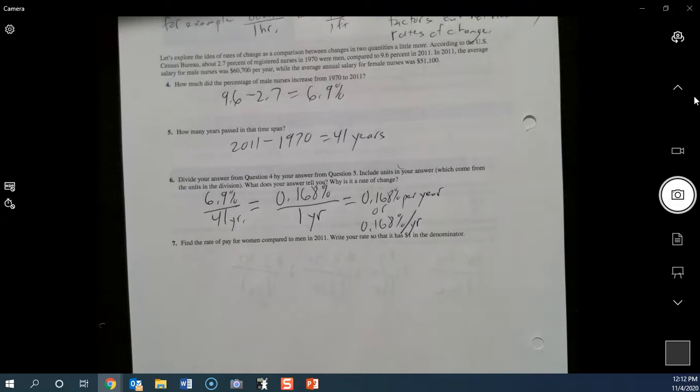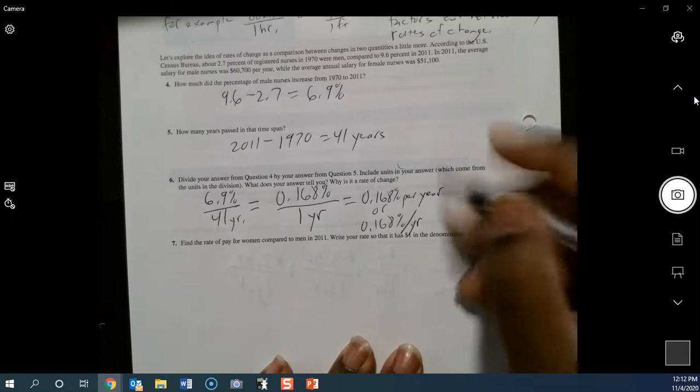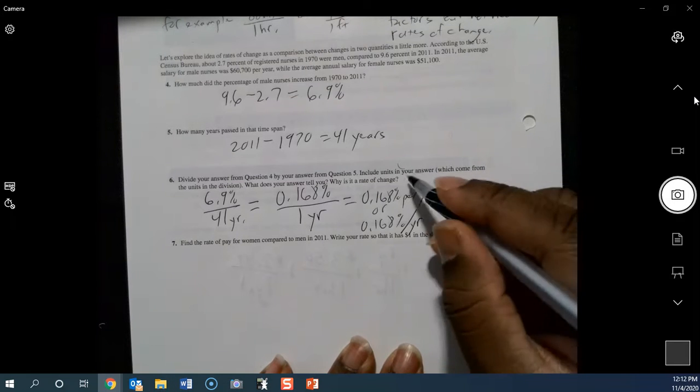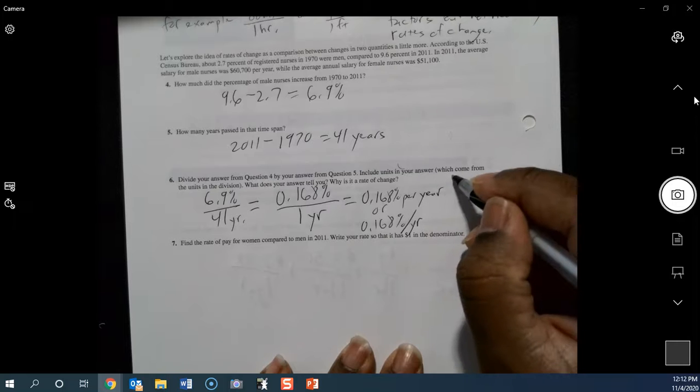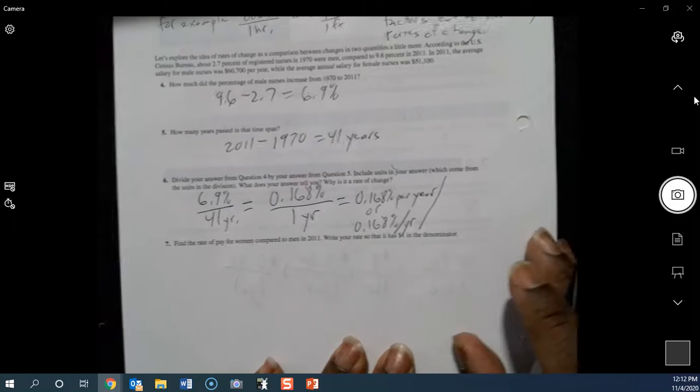Okay, now it says, why is it a rate of change? And then it also asks us to tell us what the answer tells us.